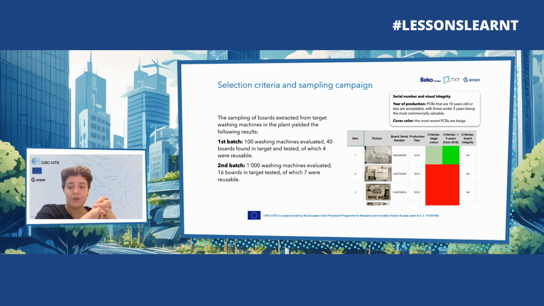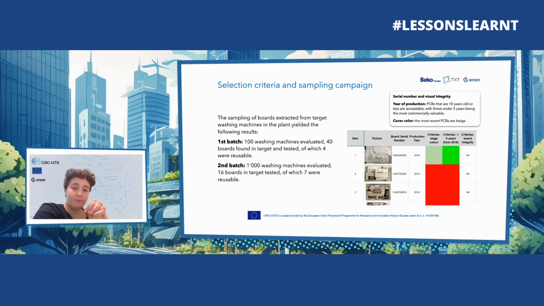In the second batch, 1,000 washing machines were evaluated. Only 60 boards were defined as targeted ones, because between the first batch and the second batch there was the possibility to refine the requirements and the strategy for the operators to detect the right machines. But also in this case, only 7 PCBs were found reusable.